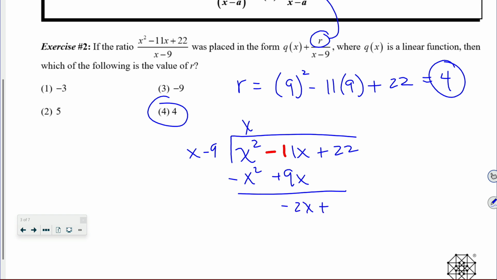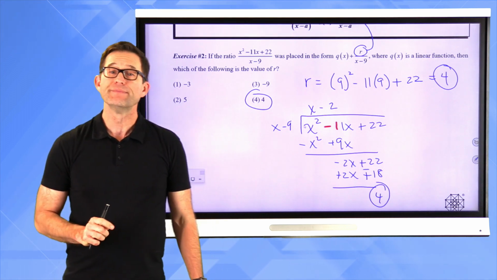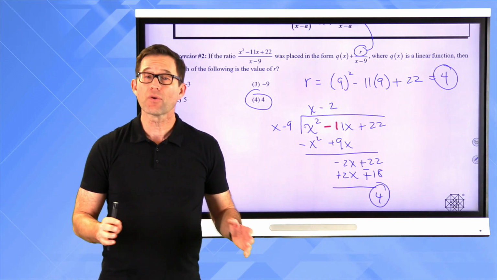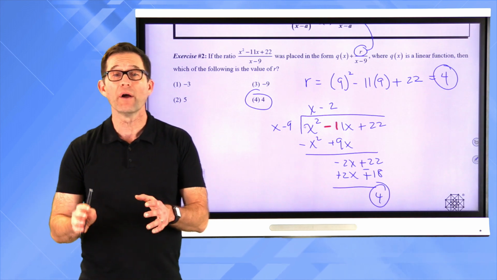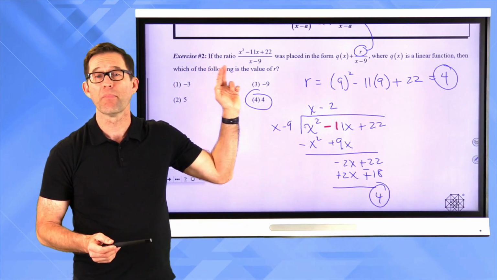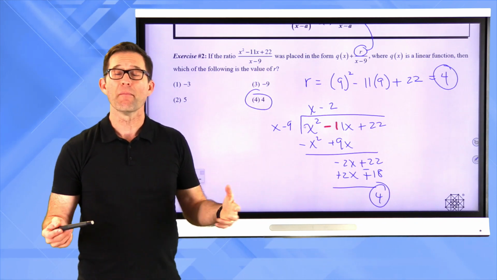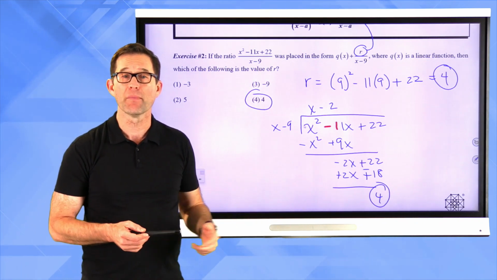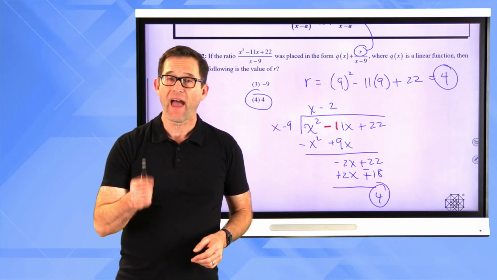Negative 2x plus 22, that would be negative 2, negative 2x plus 18, negate. 22 plus negative 18 would be 4, and there would be that remainder. Okay? So either way, but they do want you to know this theorem, which is when you divide a polynomial by x minus a, the remainder will always be the polynomial evaluated at a.